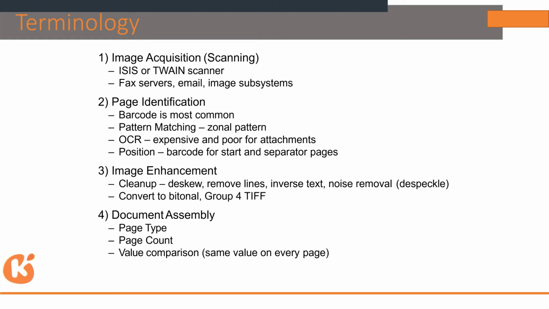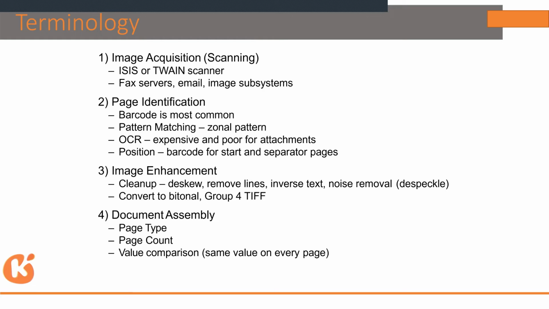Using image enhancement, we can remove that noise, cleaning the dots and lines, to enhance the quality of the image scanned by the user. Once the image enhancement is done, we can find the data on the document with better quality.